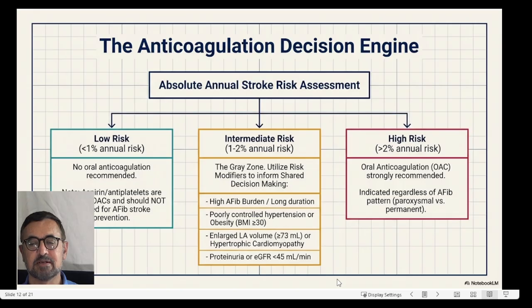Intermediate risk patients are the gray zone. Here we have to consider modifiers such as AFib burden, obesity, left atrial size, kidney function, etc. High risk patients should receive oral anticoagulation regardless of the AFib pattern.